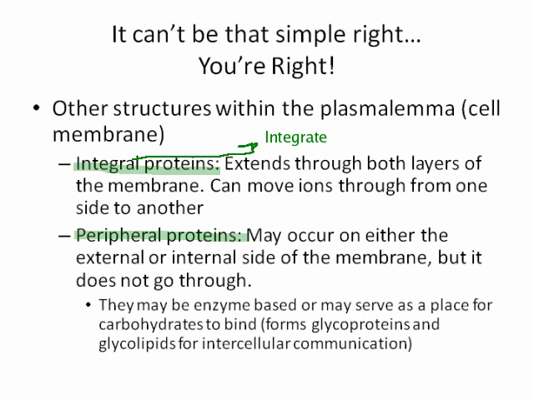They extend from one side all the way through to the next side. And because they are in touch with both the external and the internal sides of the membrane, they can freely move things that are lipid and or water soluble without any kind of hesitation, without any kind of obstruction.